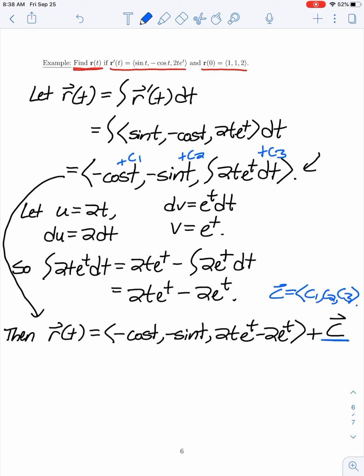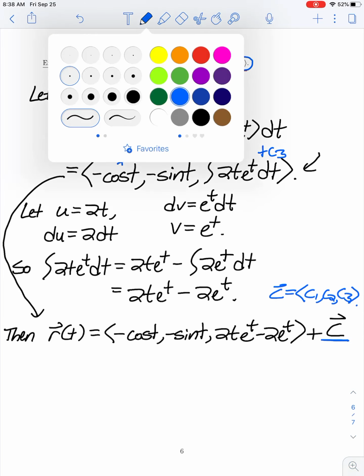So I need to solve for this vector C, and the way that I'm going to solve for C is by using my initial condition, the fact that r of 0 is 1, 1, 2.